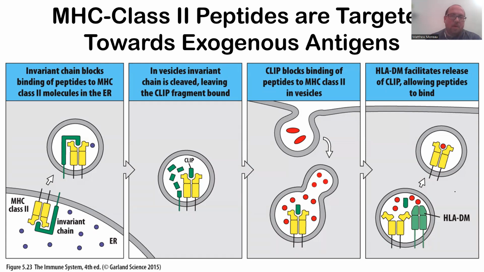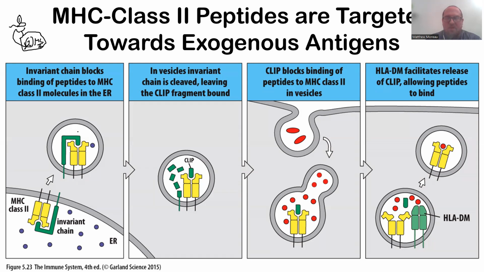So how exactly does this work? Well, MHC class 2 is made because you had an engagement in a receptor. So here's my cell. It has a receptor. It engaged with a PAMP, and then this event triggered the expression of MHC class 2.